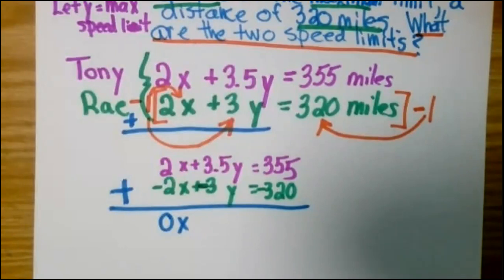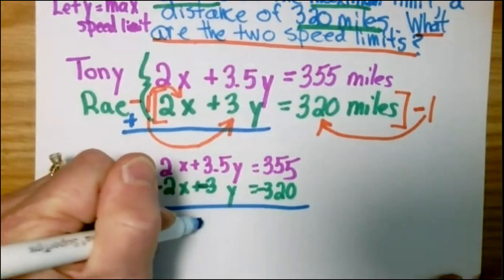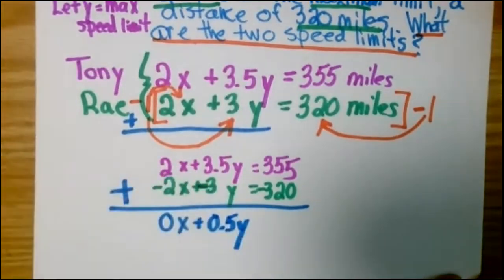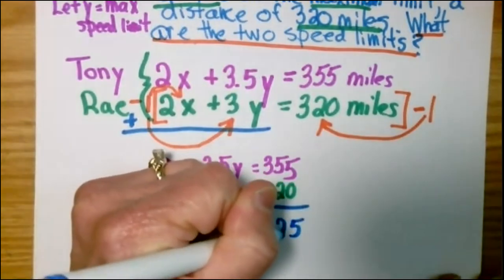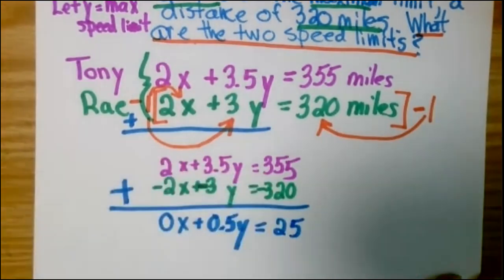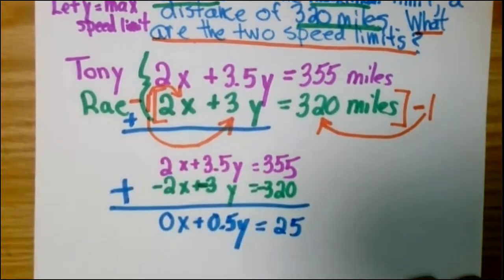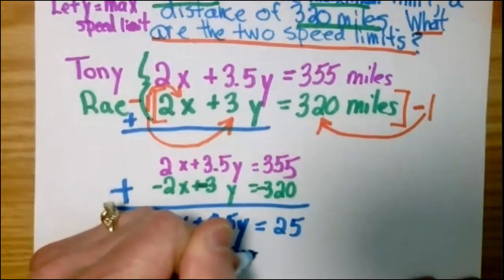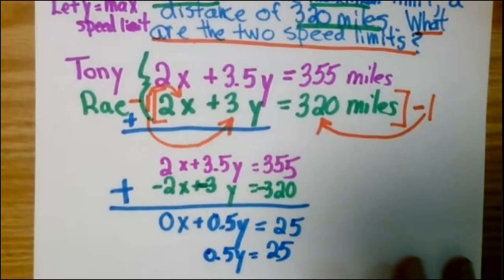What is that going to give me? That's going to give me plus 0.5y, right? Equals 355 minus 320, or 355 plus a negative 320. 5 minus 2, 25, right? Positive, yep. Drop the 0, we'll get 0.5y equals 25.